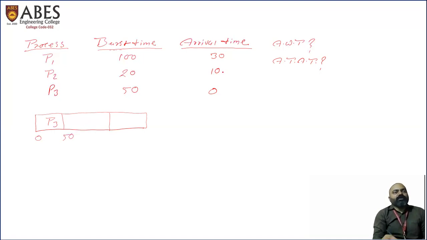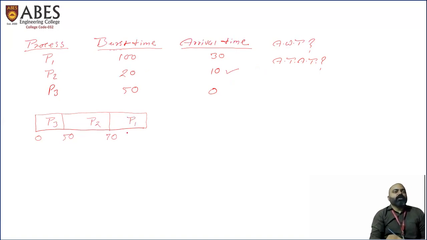Now who comes second? This is P2. So now we run P2. What is the burst time of P2? This is 20. So the total time will be 50 plus 20, 70. And who comes last? This is P1.